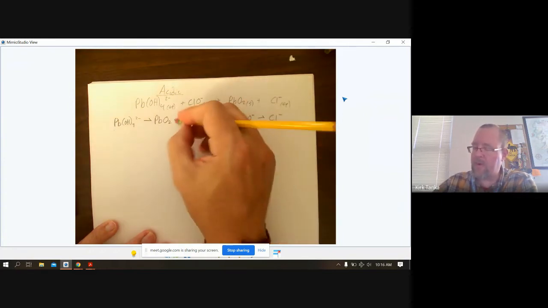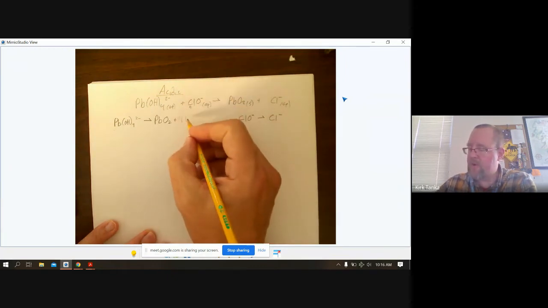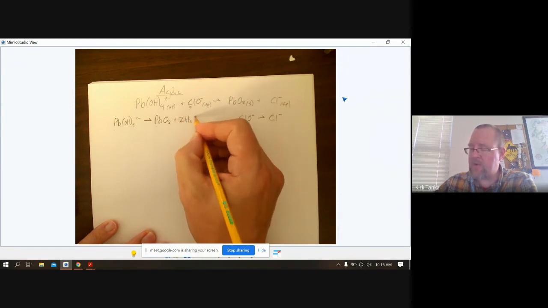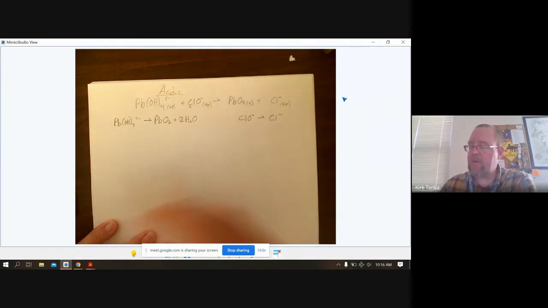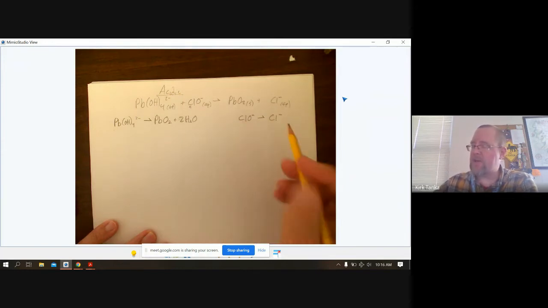Ooh, what am I doing? I don't want to add 4. I want to add 2 H2O. For this one, I have 1 oxygen, so I need to add 1 water on this side.